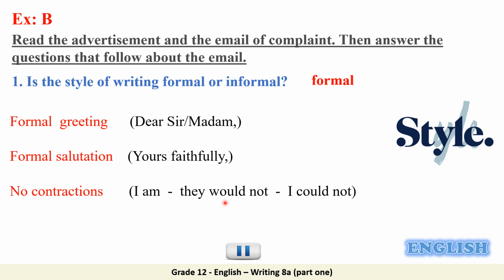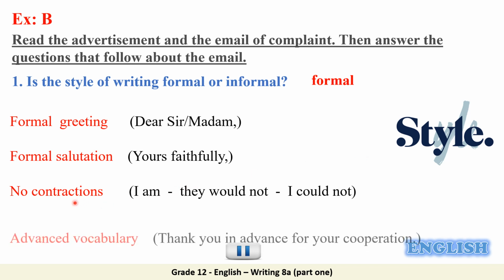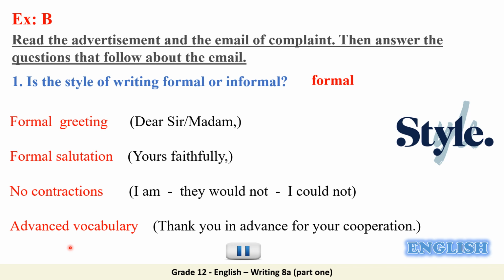They would not, not they wouldn't. I could not, not I couldn't. So if you write I couldn't, this is informal, but we're doing a formal email, so you shouldn't be using any contractions. And finally, the use of advanced vocabulary is a feature of writing formally.